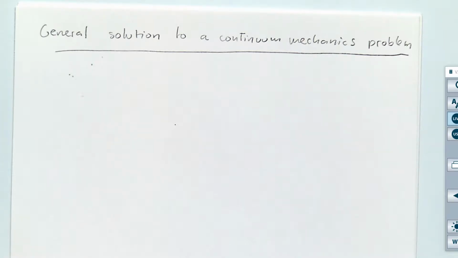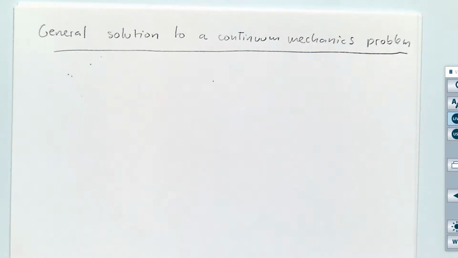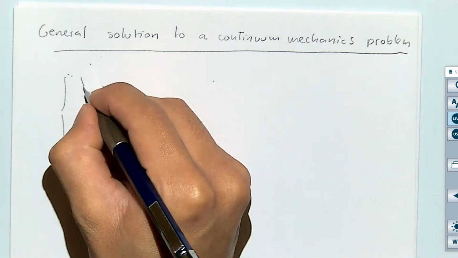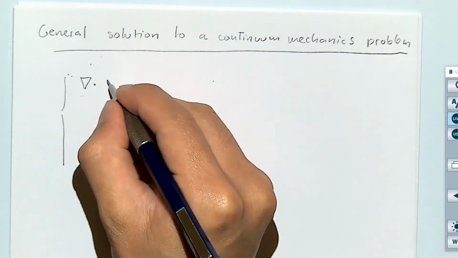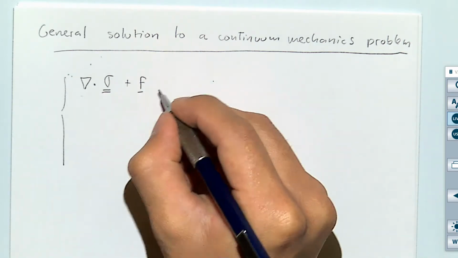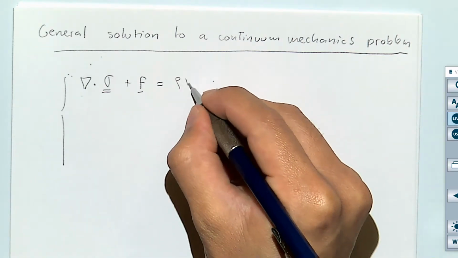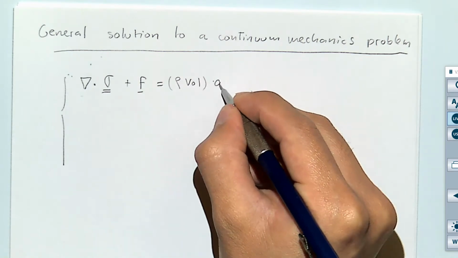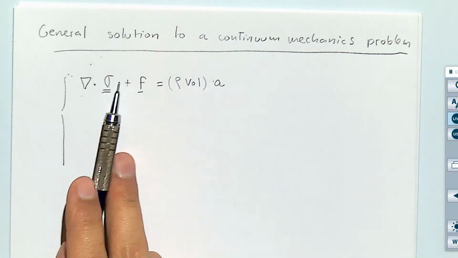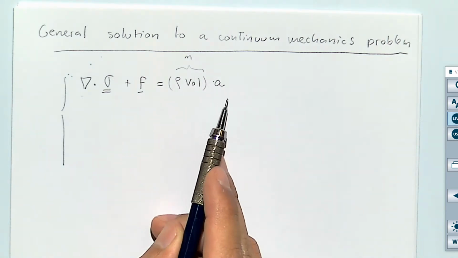In order to do that, we're going to need three equations. The first, and most important, is the equilibrium equation. If you remember, we derived this equation, and it tells us that the summation of forces, which is basically stresses, is equal to mass per unit volume times acceleration.